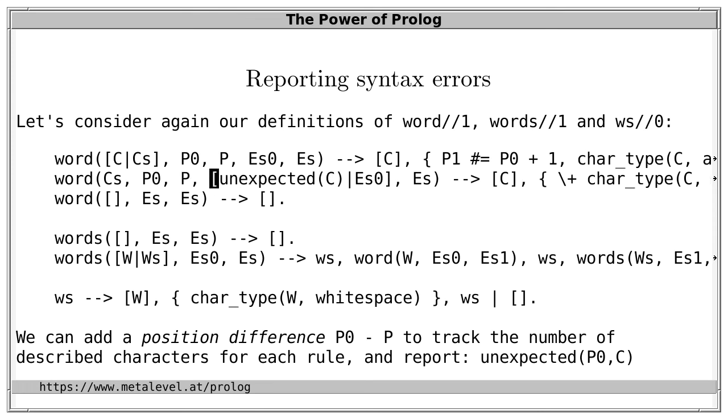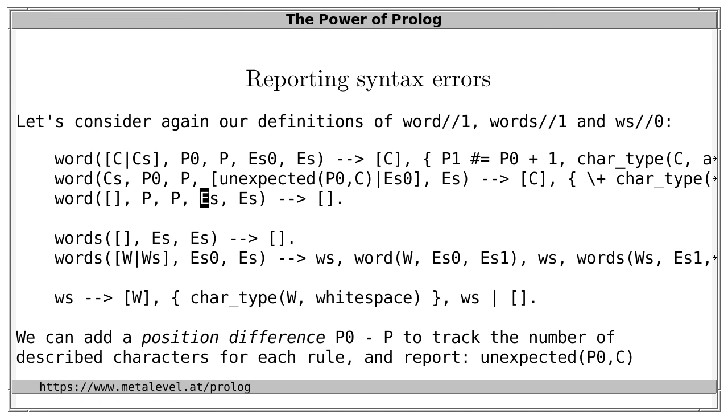And now that we know the position, we can refer to it when denoting the error. And say, for example, the unexpected character C occurs at position P0. And in some rules, the position stays the same. So this is how we can also reason about syntax errors, by describing the error and the position.